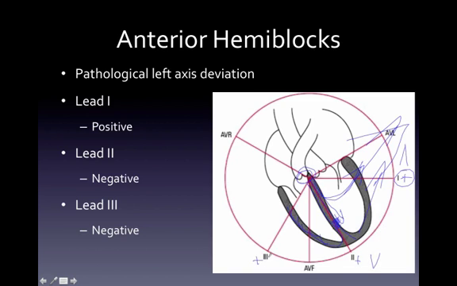And in lead 3, am I headed towards this positive electrode or away from it? And the answer is away from it, or a negative deflection. So up, down, down, or positive deflection, negative deflection, negative deflection.